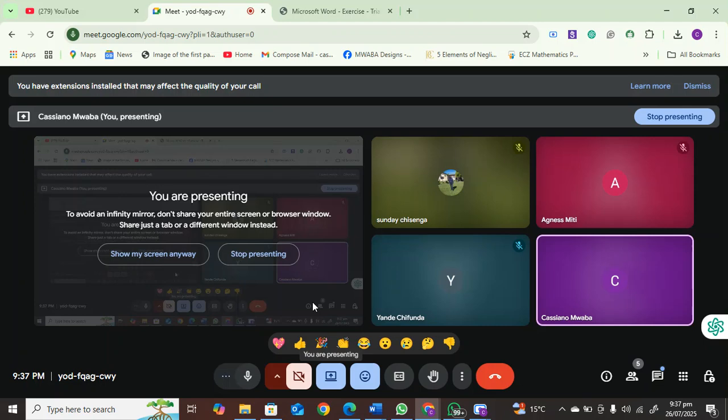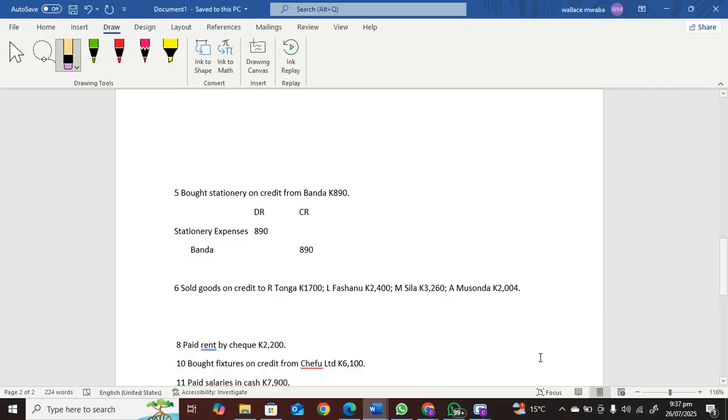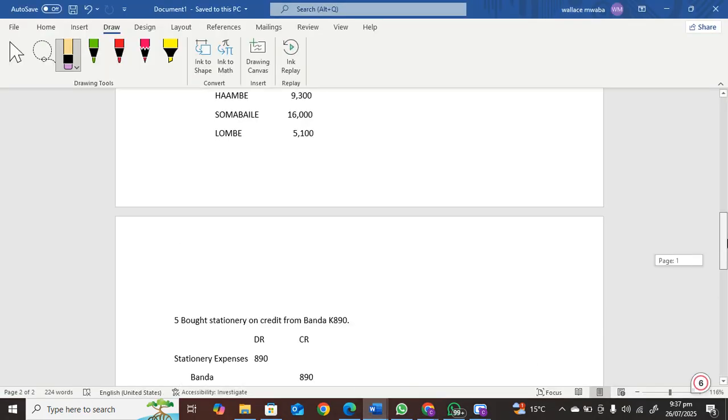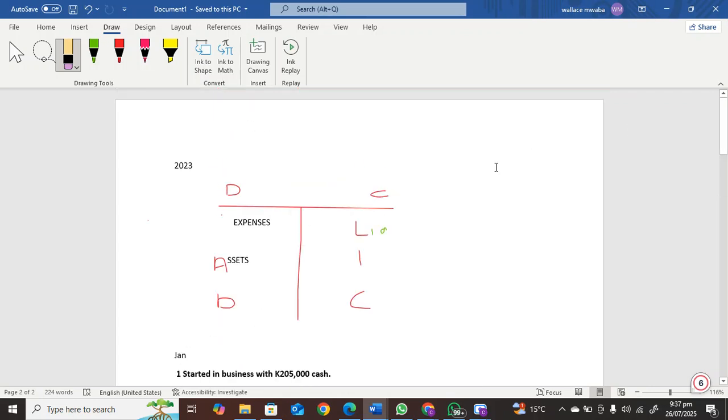Remember, receivables is an asset. Increase in an asset, you debit. Receivables is the amount you're owed. The names of the people are debtors. These words are usually used interchangeably, but debtors refers to the names, while receivables refers to the amount you're owed. So debtors or receivables increase with a debit.